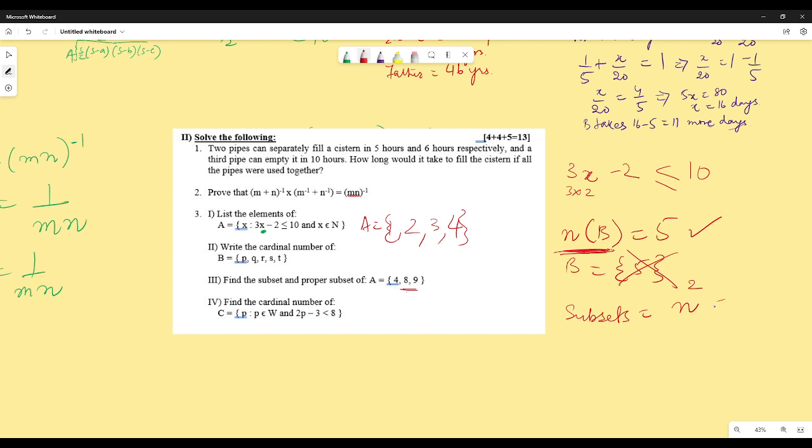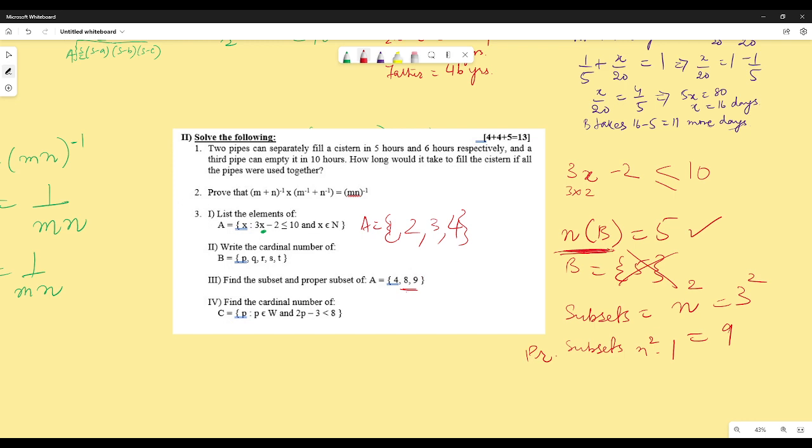So here there will be 2 to the power of 3, so in total there will be 8 subsets. But when we are talking about proper subsets, you have 2 to the power of n minus 1, because you remove this one subset. 1 less makes it 7 proper subsets.